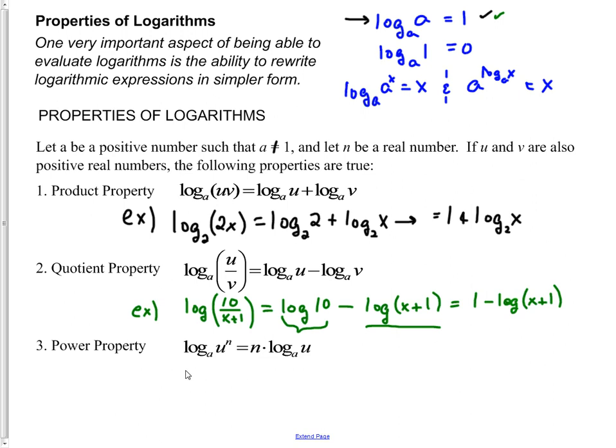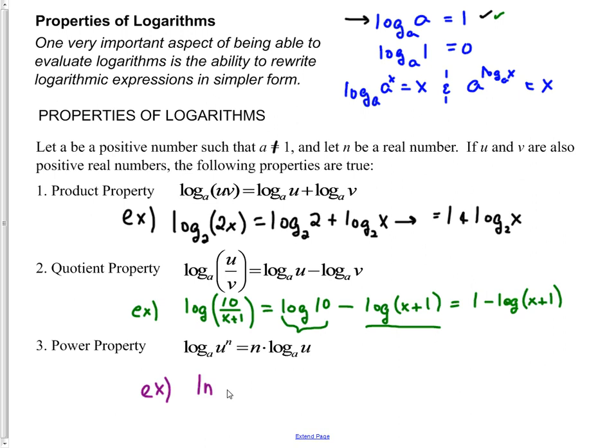Okay, one more rule. This is our power rule. The power rule says that if we have a logarithm base a of some quantity u to the n, it's going to be the same as taking that exponent n and multiplying it by the logarithm base a of u. Good example of this one. Well, let's try this. What if we had a natural log?